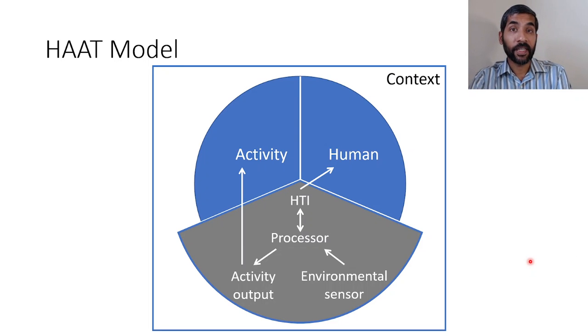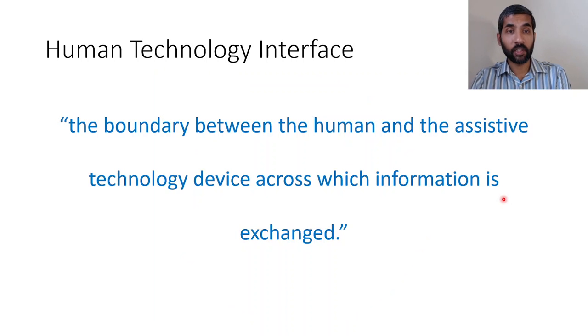So we looked at the HAT model and we looked at how the human being can control the assistive technology. And that control happens through the human technology interface, right? The human technology interface is defined as the boundary between the human and the assistive technology device across which information is exchanged.